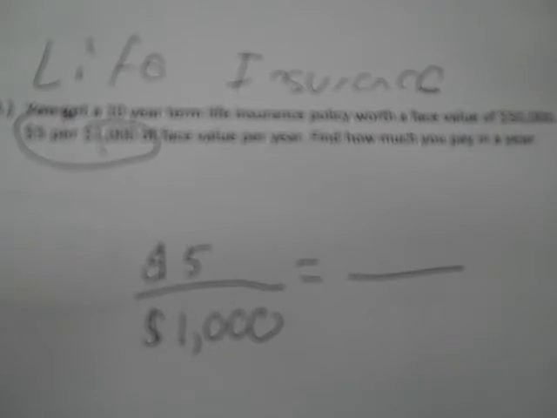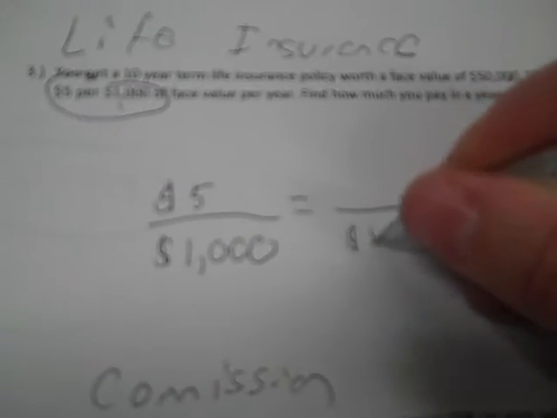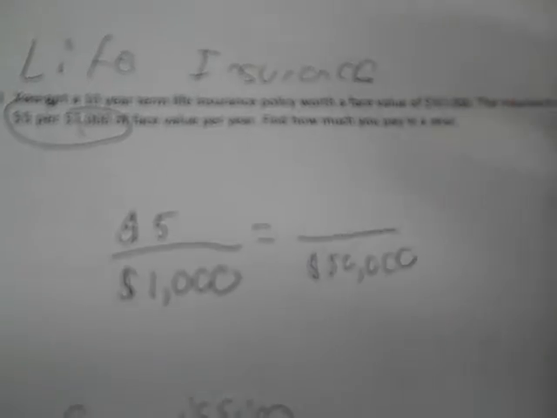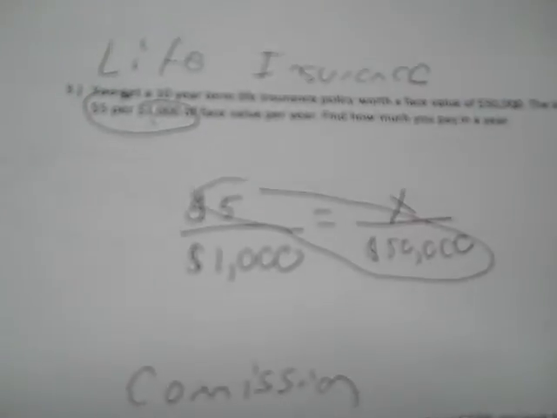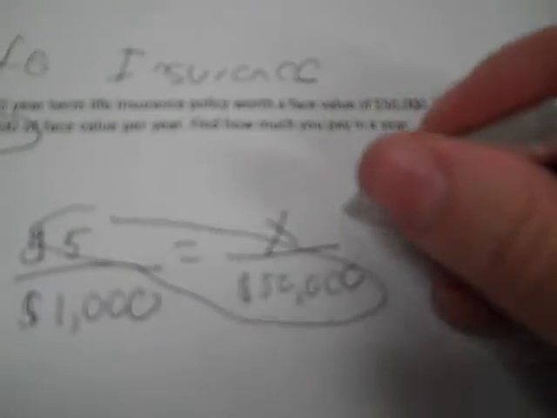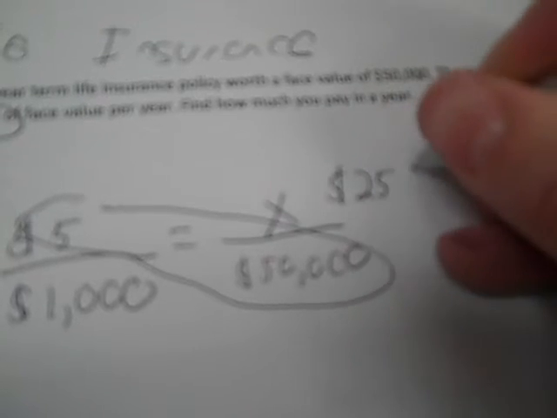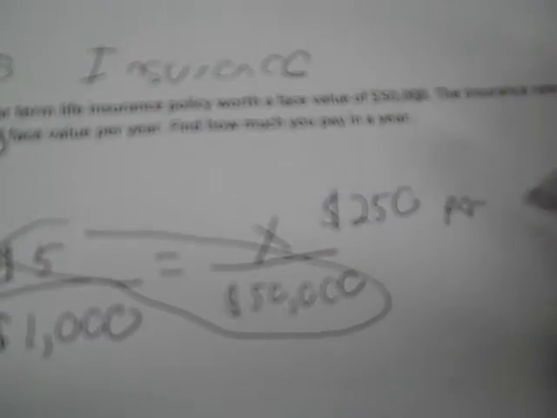And then if I die, my family's going to get $50,000. So I put that down here in the other ratio, and it forms a proportion. So I cross multiply and divide by 1,000. So 5 times 50,000 divided by 1,000 is 250. So I pay 250 per year.